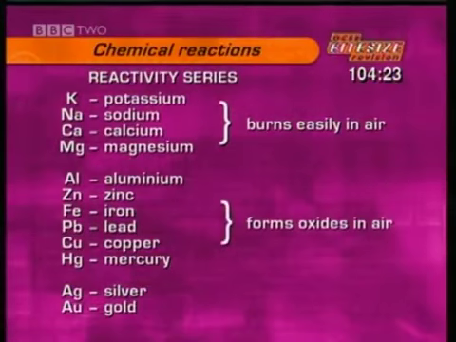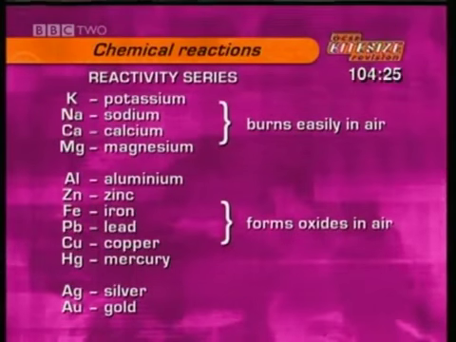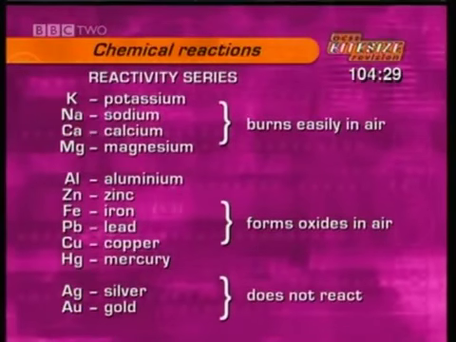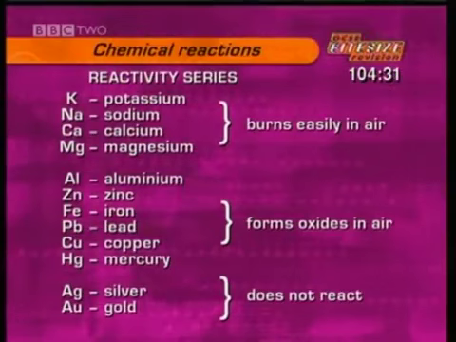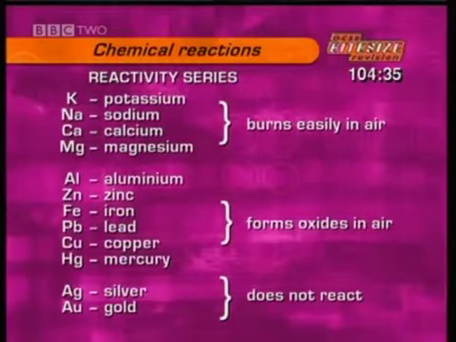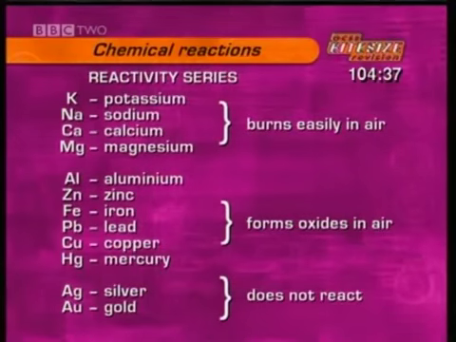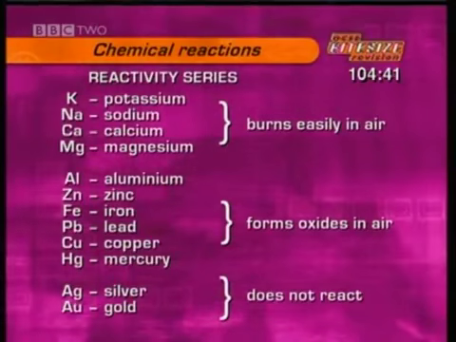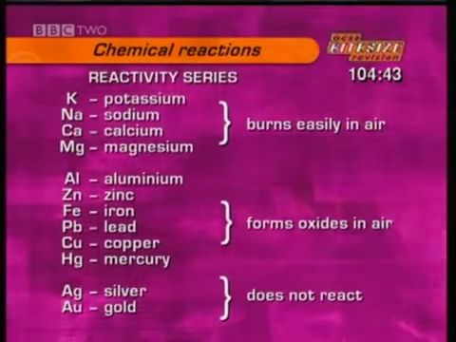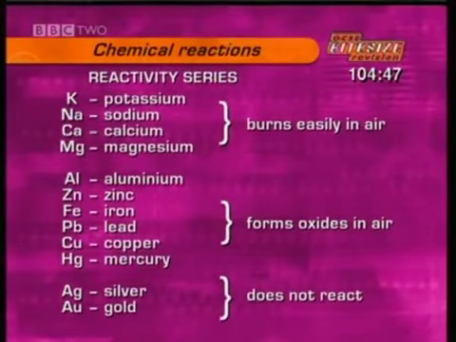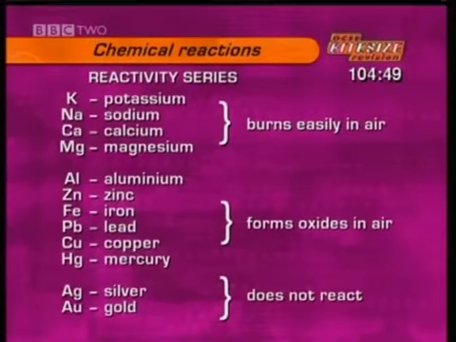Aluminium, zinc, iron, lead, copper and mercury oxidize in air, while silver and gold do not react with oxygen, water or dilute acids. It's useful to know the order of the metals in the reactivity series to help you answer questions about displacement reactions. You can probably think of some memorable sentences made from their chemical symbols, like kings naturally catch magnolias, and so on.